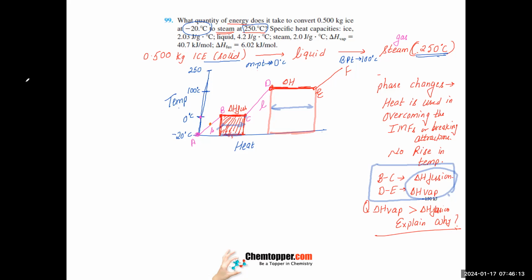Now the question is to calculate the total amount of heat. So I'm going to show you how to represent different amounts of heat. Check here. This is part 1, I need to know this heat. And this one is part 2, I need to know this heat.